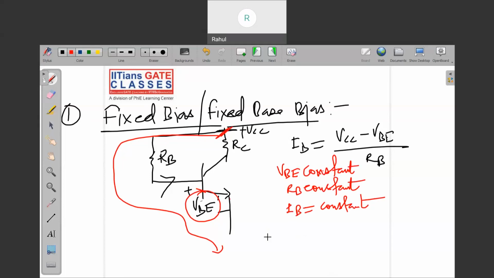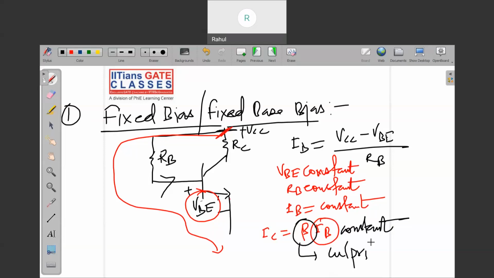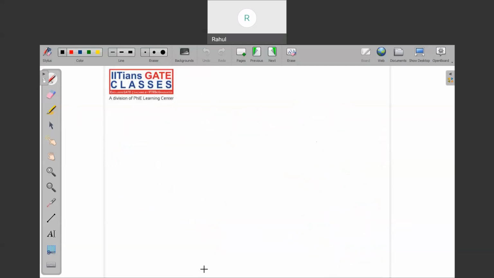So what is IC then? IC will be equal to beta times IB. If IB is constant, this is constant, right? But this guy, beta, is a culprit. So IC equals beta times IB, where IB is VCC minus VBE by RB.